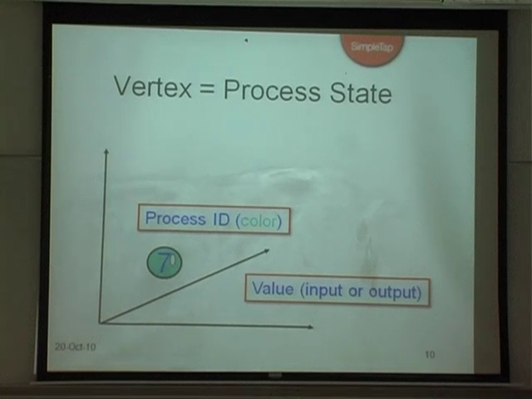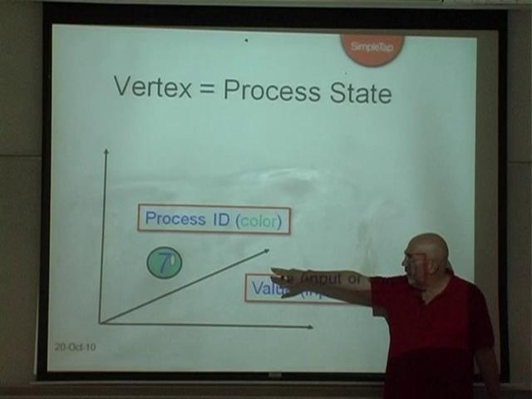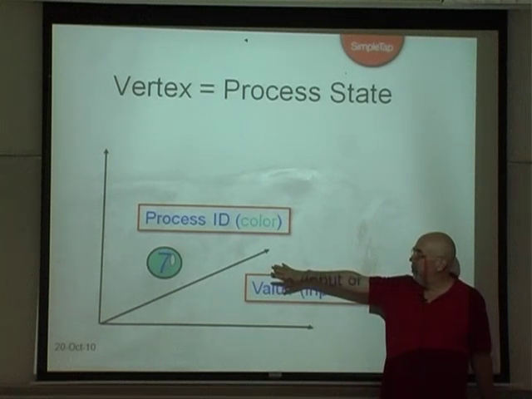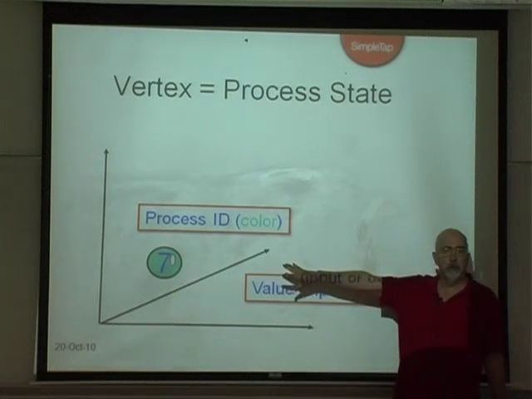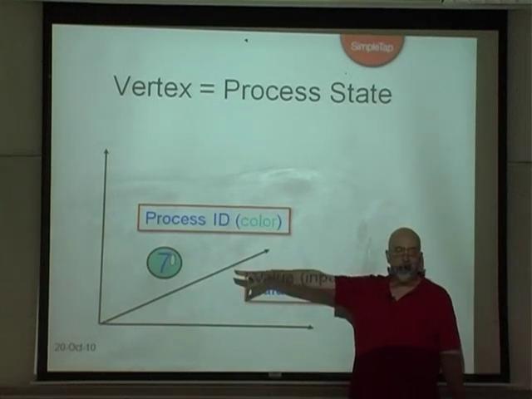To model computations, I'm going to use a vertex to represent a process state. So I'm going to label each vertex with a process ID. And in this talk, in order to save space, I'm going to use a color. So here, this is the green process.